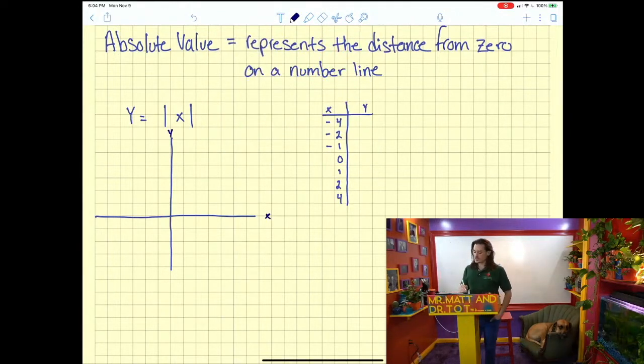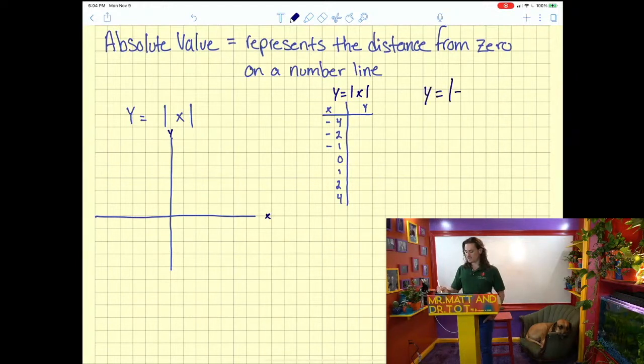That's okay though. So if we're evaluating the function y is equal to the absolute value of x, at the input of -4, the absolute value of -4 is +4, right? Because the -4 is 4 units from 0 on a number line.